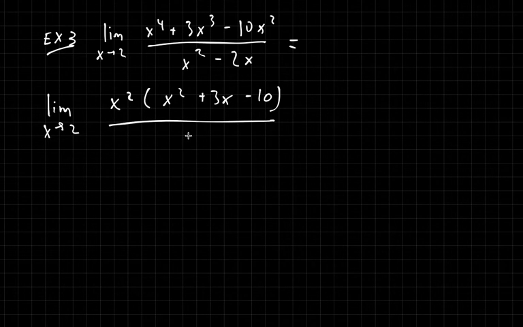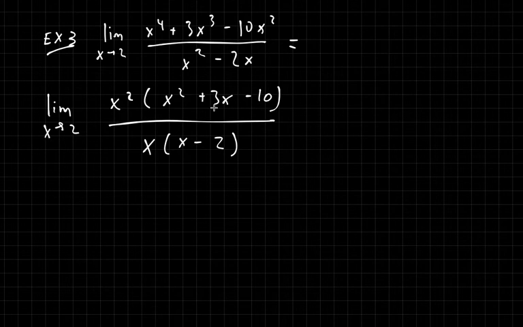Okay. And now the bottom. So how can we factor out this? Well, the common factor would be x, it appears. So we pull out an x, and we get this. So let's check if this is right. X times x is x squared. X times -2 is -2x.